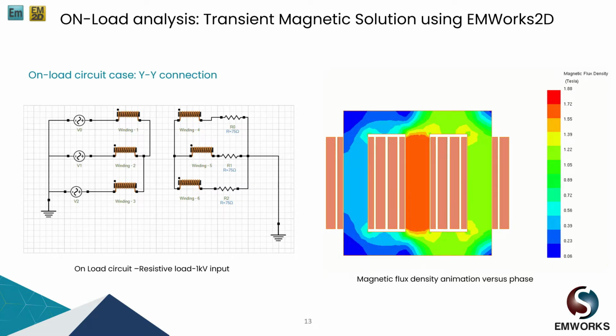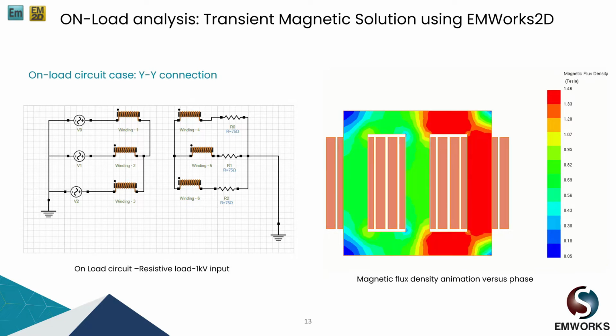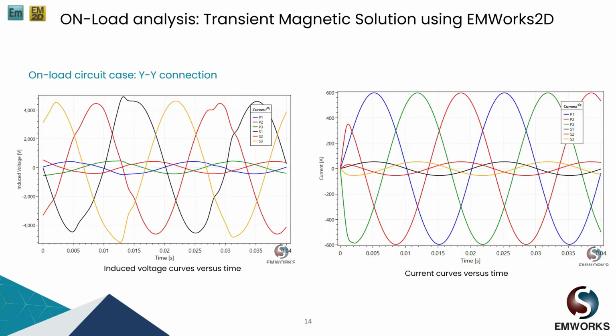At the right side you can see the animation of the magnetic field versus time. Here is also the induced voltage versus time, showing its evolution. At the right side we can see the input current and the load current, plotted versus time as well.